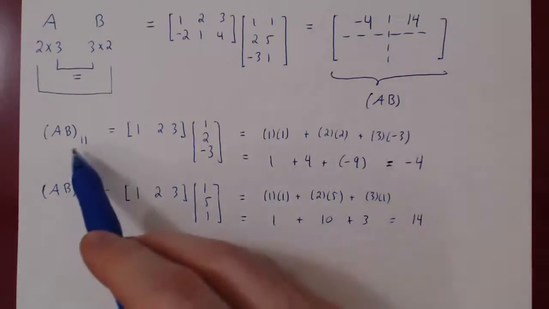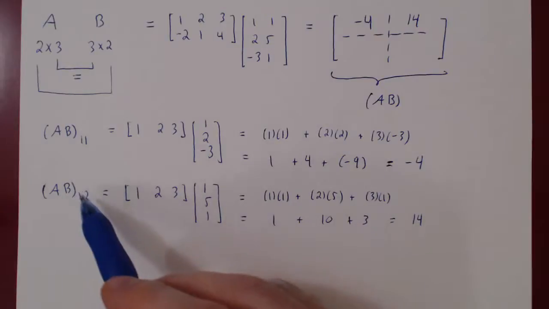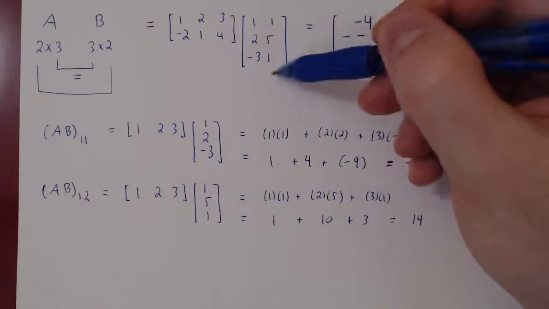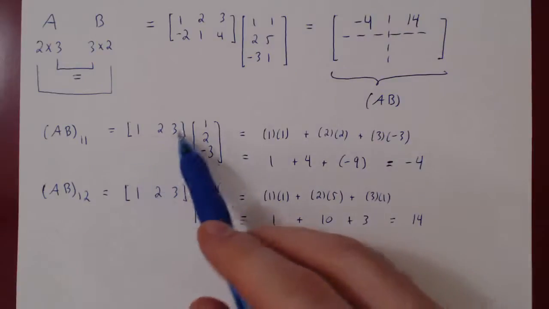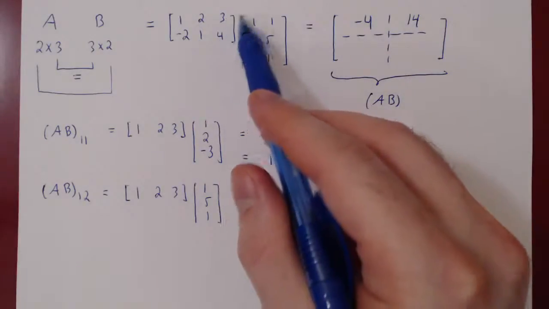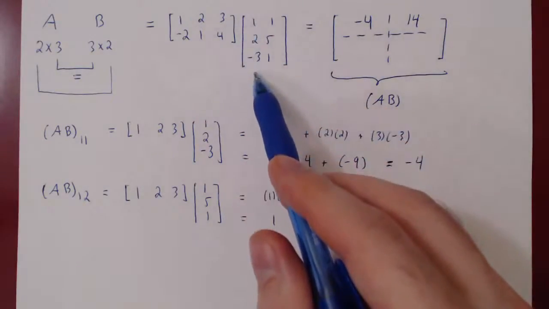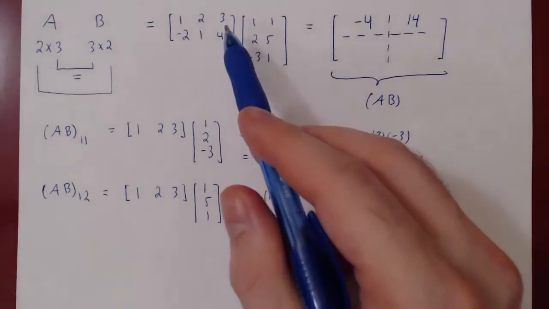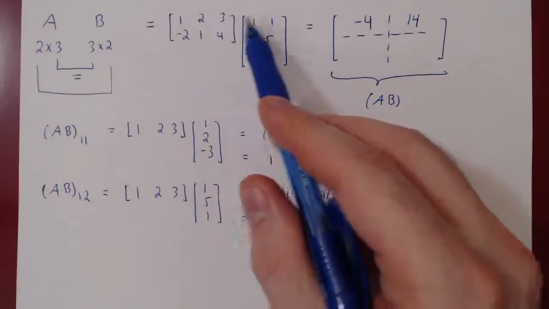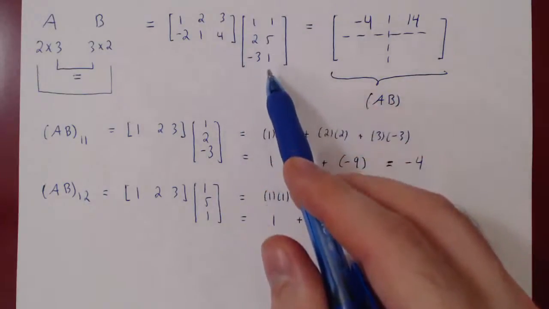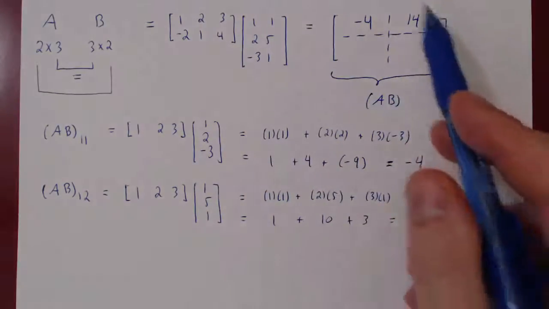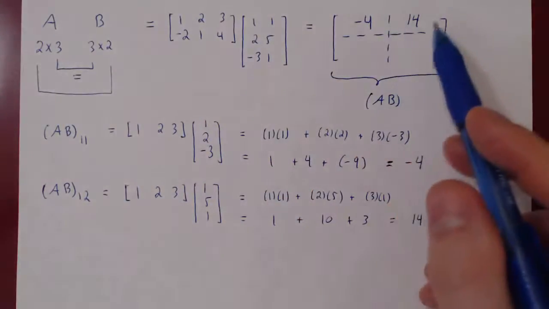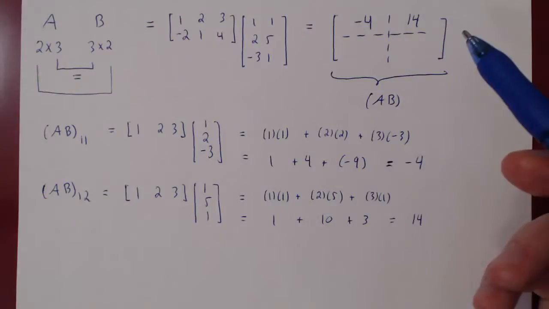Well, we took the first row of A, and we went through the columns of B. We took the first row of A times the first column of B, and we have the first entry in our first row. If we keep going, take the first row of A times the second column of B, you will have the entry in your new matrix in the first row, second column. And now we will repeat.